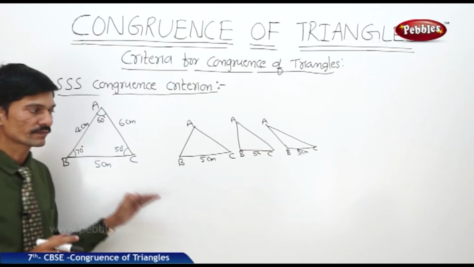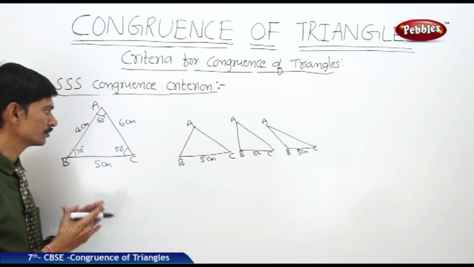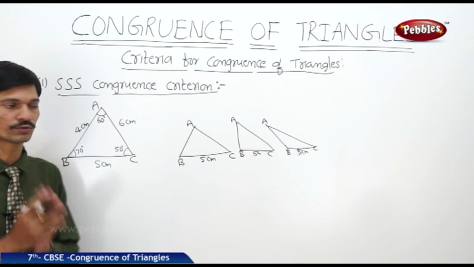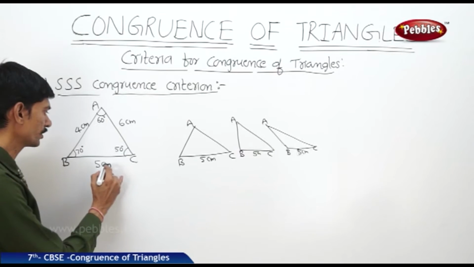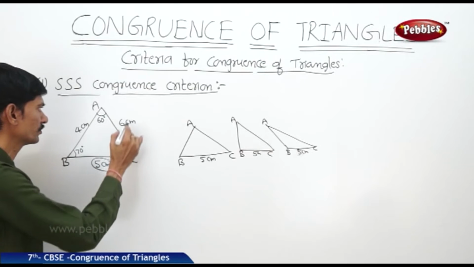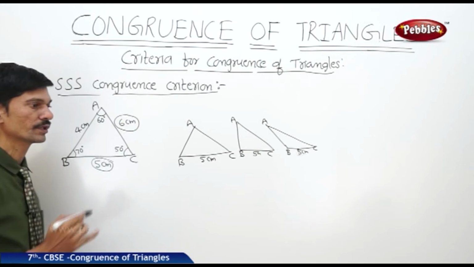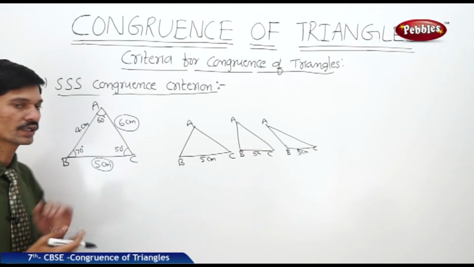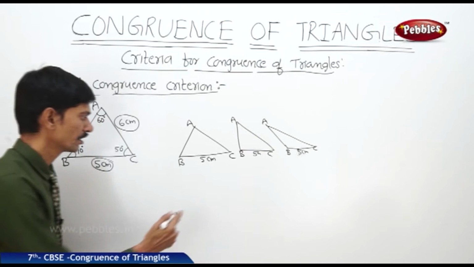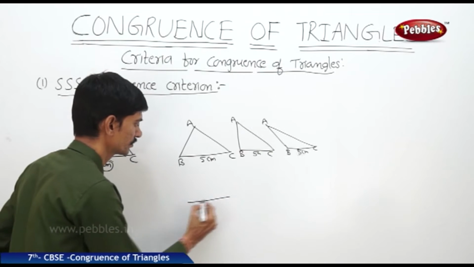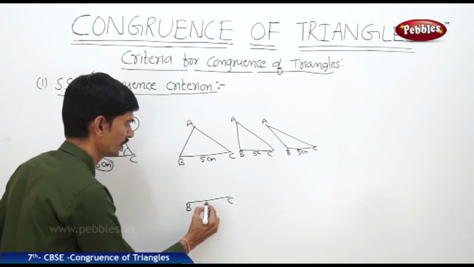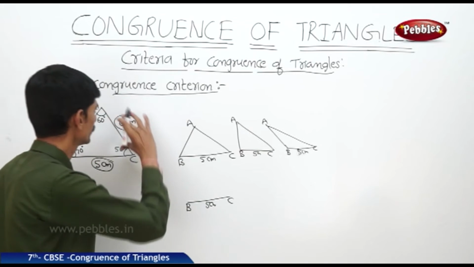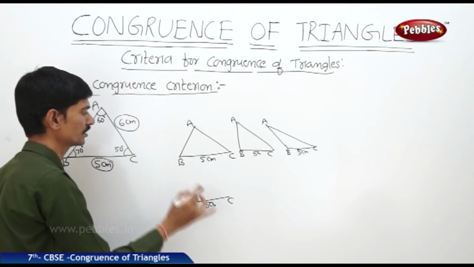Now for example, if I give you the lengths of two sides, BC as 5 centimeters and AC as 6 centimeters, can you draw the exact copy of the original triangle ABC? Let us try. Here BC is 5 centimeters and AC is 6 centimeters.